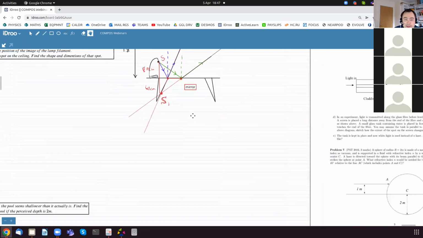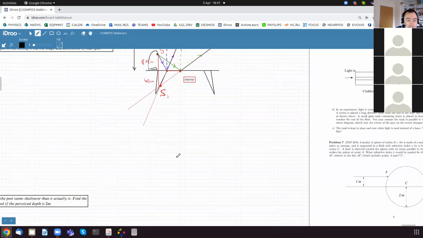So let's say you have a source of light, which is here, and you have a mirror. Well, you have a triangular window, let's say, because it's just like a window. So the source of light is under the desk and it's shining through a triangular window.